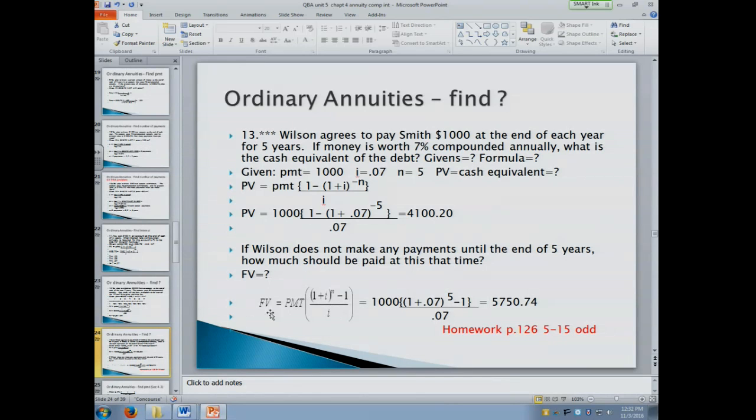So we're looking for a future value. He was supposed to pay $1,000 every year, but he didn't, at 7% for 5 years. So at the end of those 5 years, he owes him $5,750.74 because he did not make one single payment.